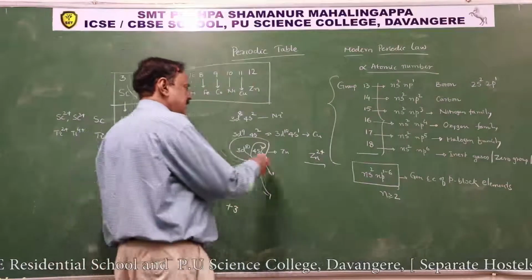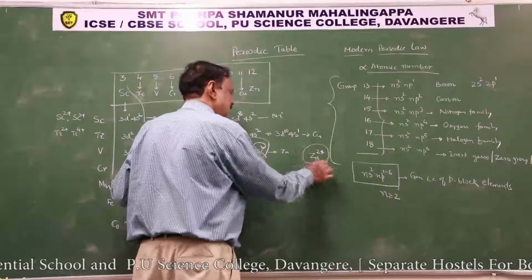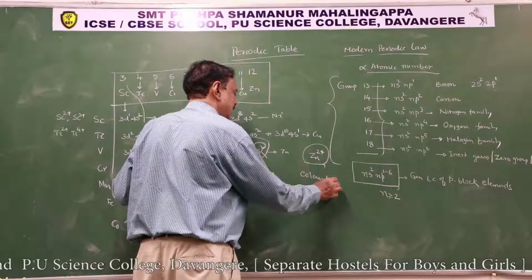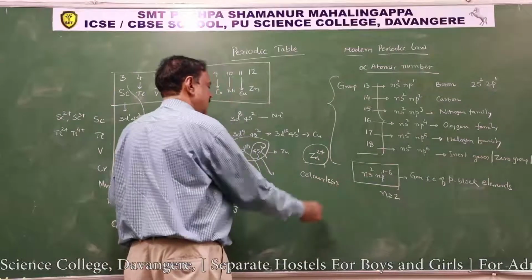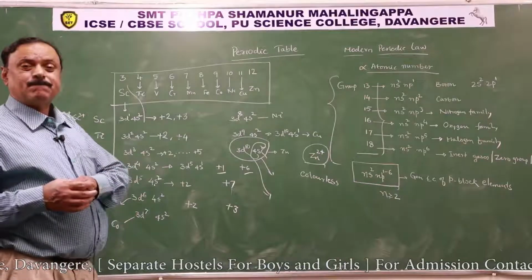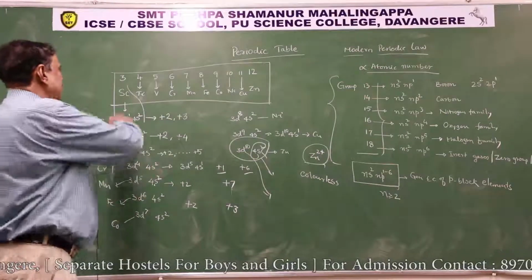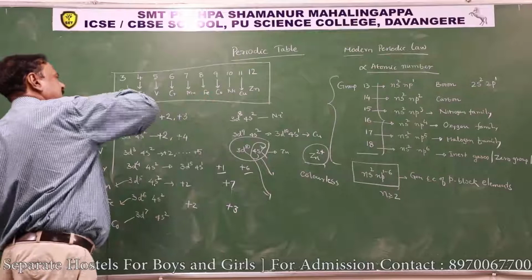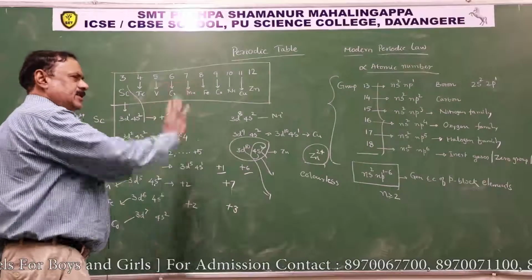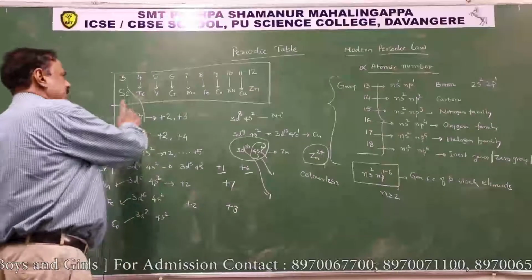Now zinc compounds are colorless. Why? See, all these elements are considered transition elements. D block elements are transition elements, from scandium to zinc, left to right.